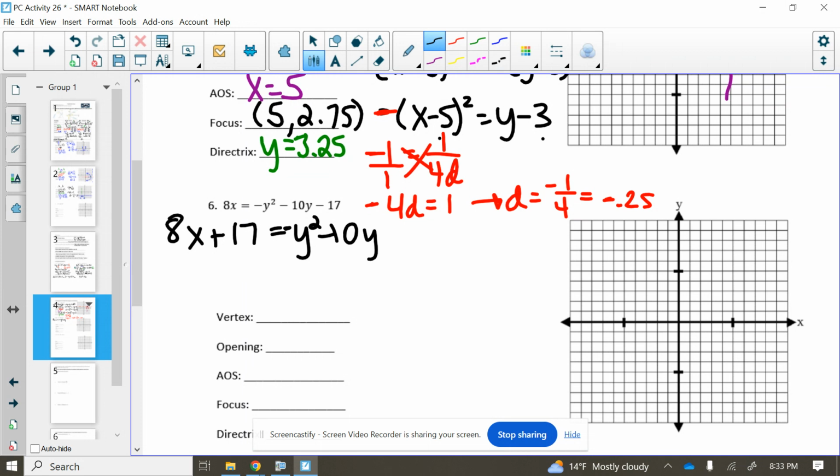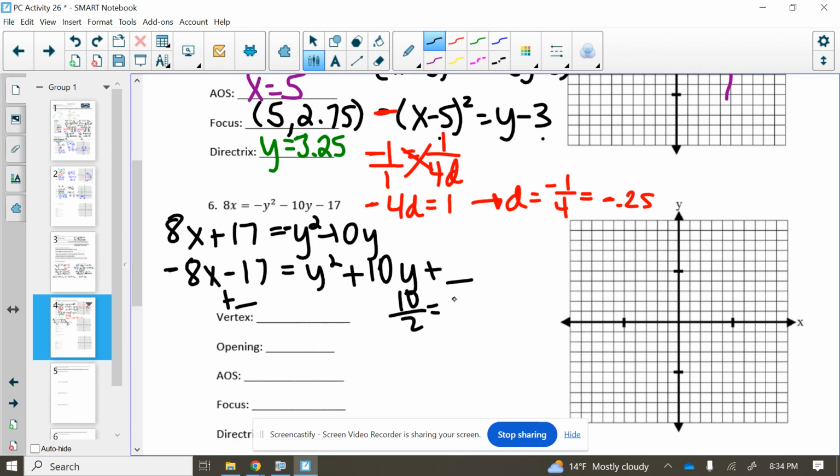So again, you might want to rewrite this with everything flip-flopped in sign, because if we multiply everything by a negative 1, then we have that positive y squared value. And again, we end up adding on to both sides. In this case, 10 divided by 2 squared. So 25 gets added to both sides.